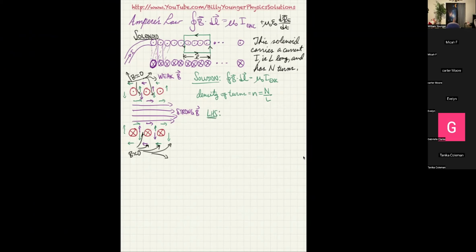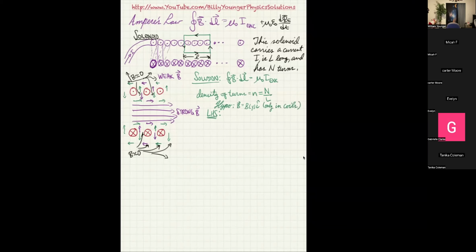I've chosen my path, but I've got to hypothesize what my magnetic field is. So my hypothesis is B is equal to B of, let's say, I don't know, Y times I hat, only in the coils.